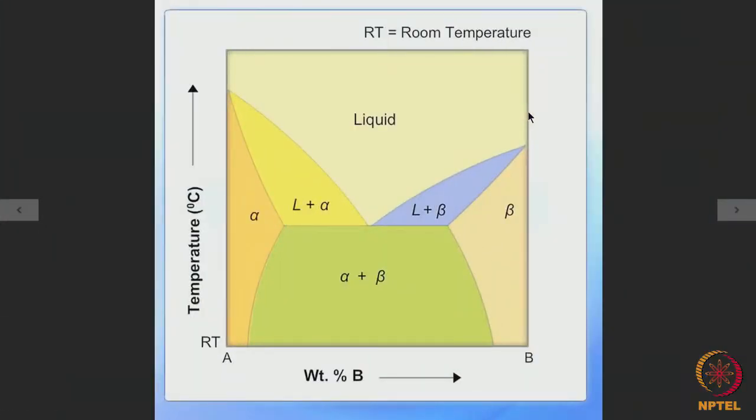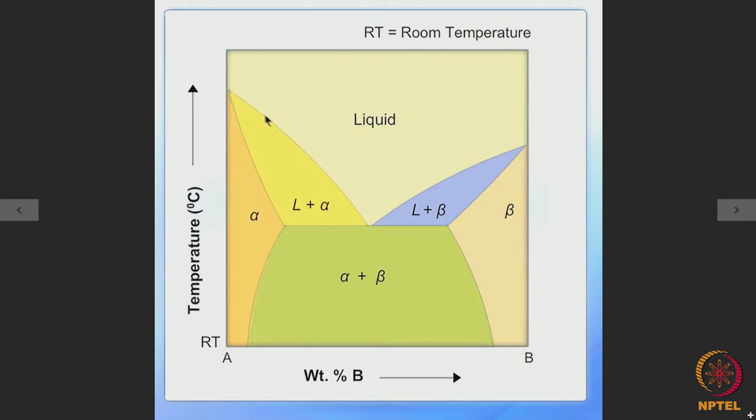There is another typical phase diagram of a two component system here. This is a situation where the two component system is such that two terminal solid solutions form, which are alpha and beta, near A and near B respectively.